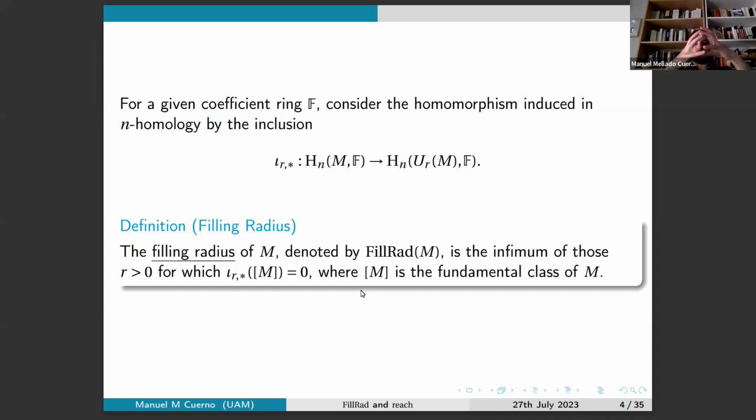Imagine the n-sphere, which has an (n+1)-dimensional hole inside. When we put the manifold into L infinity and take tubular neighborhoods of the manifold, we want to know the infimum of the values for which these neighborhoods collapse the hole inside. That is why it is called the filling radius: we want to fill the hole inside the manifold.